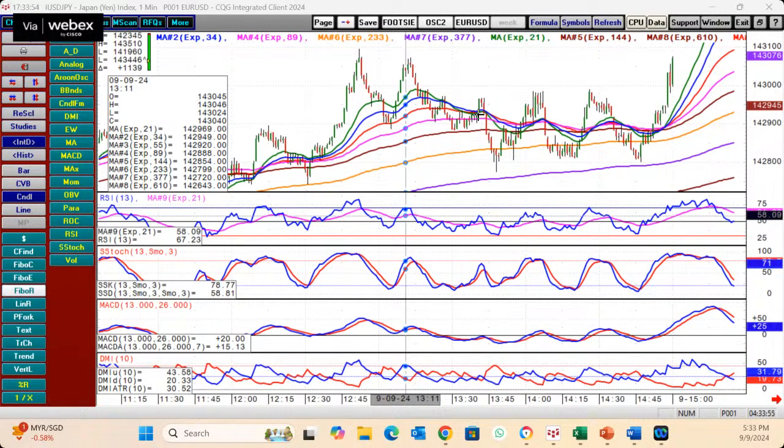If we see something like this, price making lower highs and coming below the 1-minute moving average, then we decide to close the trade.